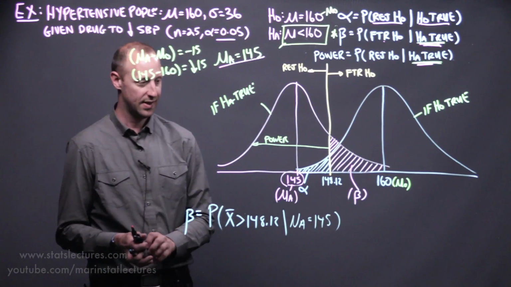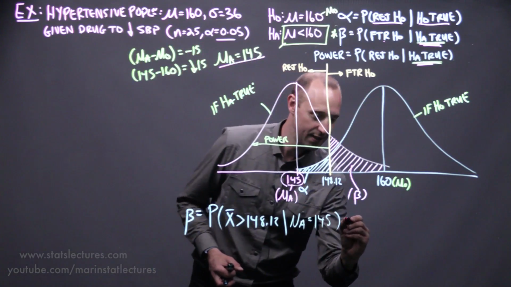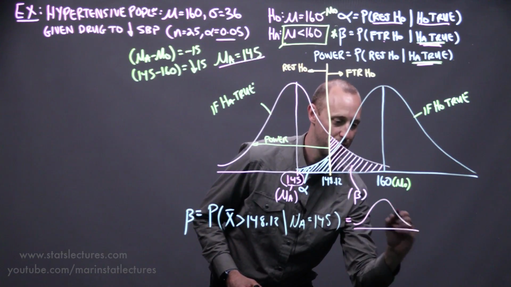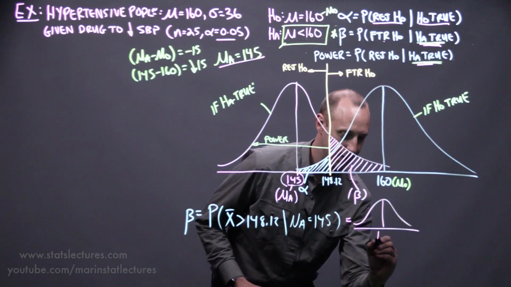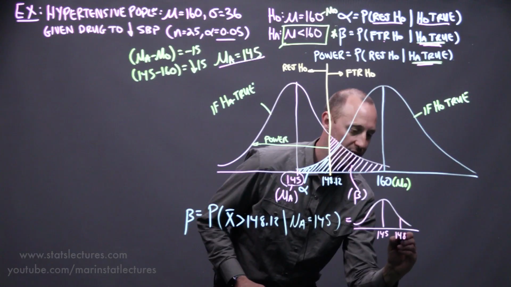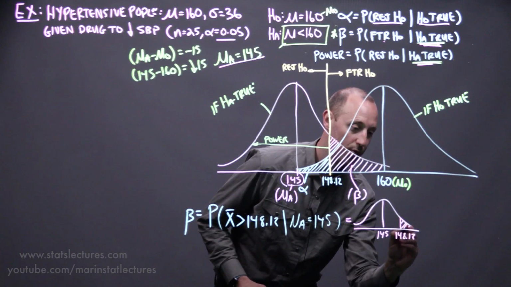Or if we want to sketch it out here, it's isolating this purple curve. If the mean really is 145, how likely are we to get an estimate of 148.12 or more?